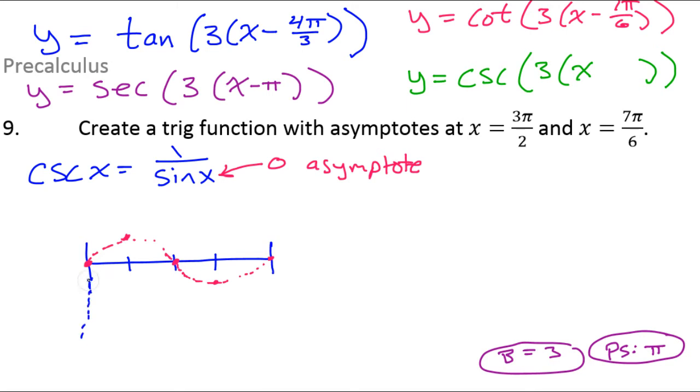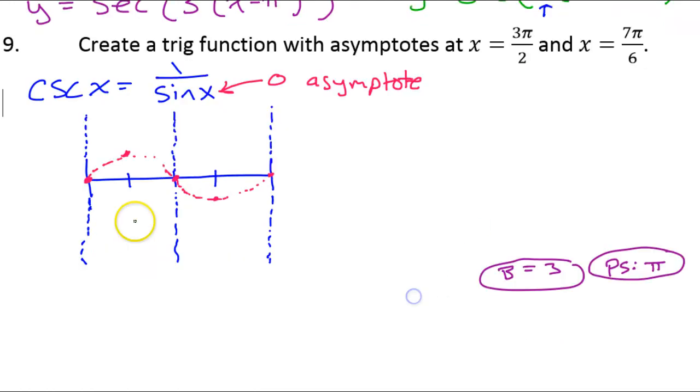So I'm going to have an asymptote here at the beginning, and I'm going to have another one in the middle, and I'm going to have another one at the end. Okay, so I could pick any 2 of these to be the asymptotes that we want.